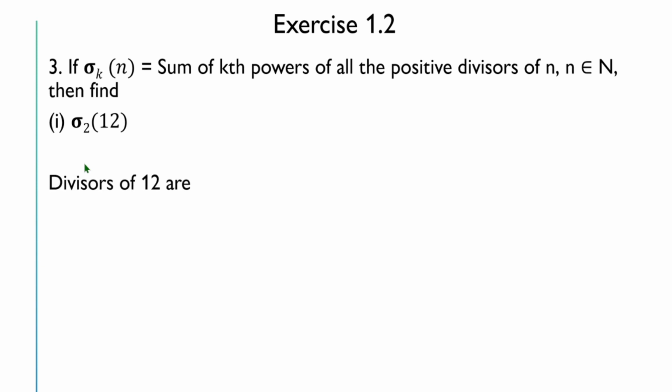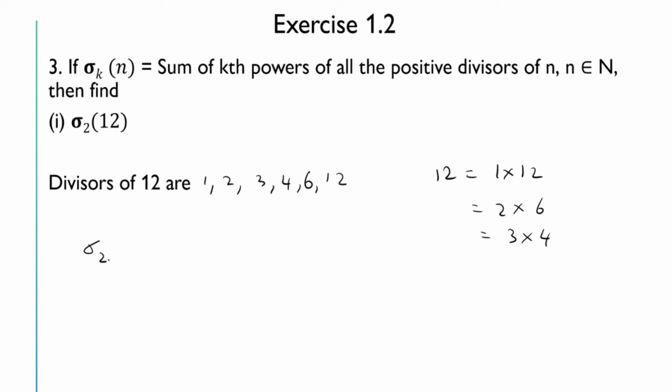First we will see what the divisors of 12 are. 12 is 1 into 12, 2 into 6, and 3 into 4. So the divisors of 12 are 1, 2, 3, 4, 6 and 12.